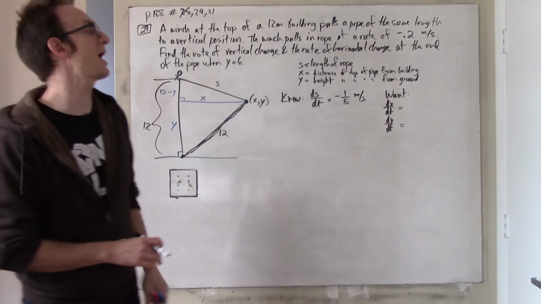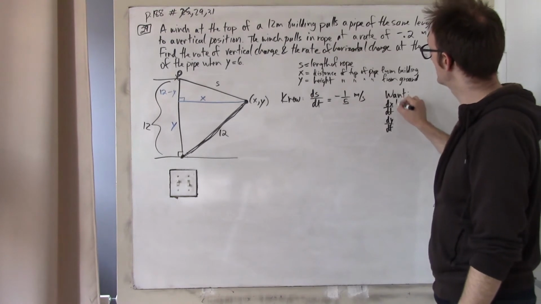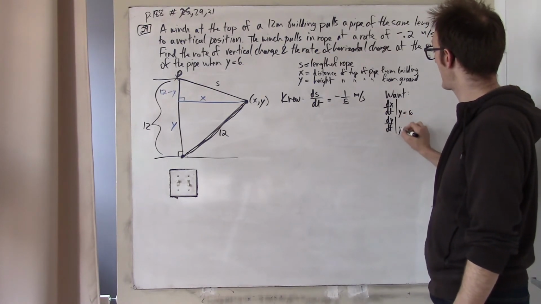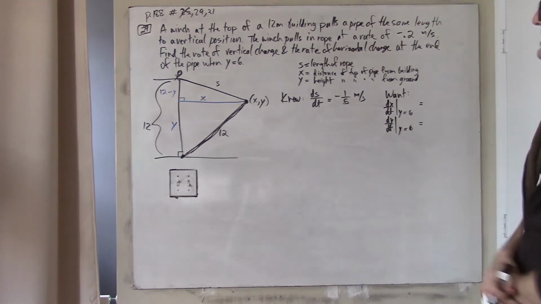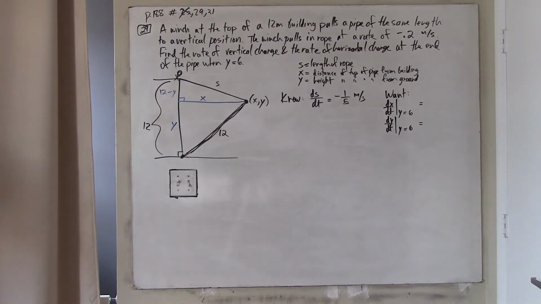That's the moment when y is 6. So the true thing that we're being asked to do is to find dx dt when y is 6 and find dy dt when y is 6. Okay, but in order to do that, we need to get a formula for dx dt and dy dt in general.